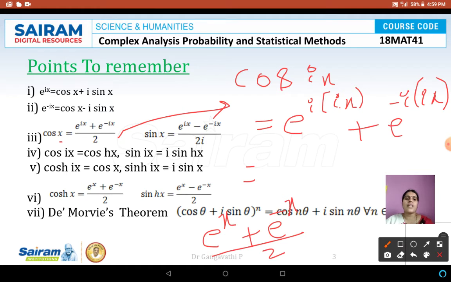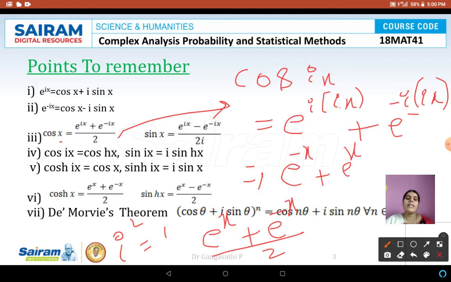Once you start solving this, you can see here i into i is i square. Since i square is equal to minus 1, this result we will get as e to the power of minus x plus, again i into i is i square, and i square is minus 1, minus and minus is plus, is e to the power of x.